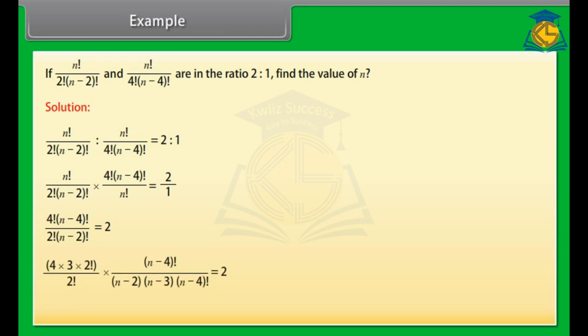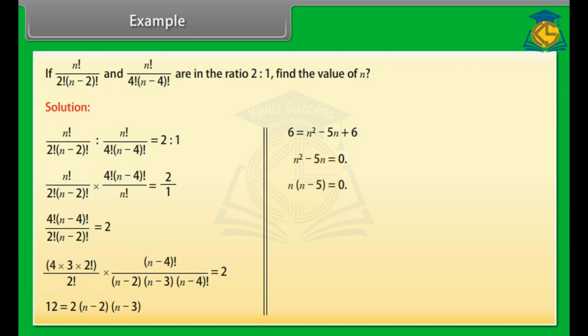4 into 3 into 2 factorial by 2 factorial, multiplied by n minus 4 factorial by n minus 2 into n minus 3 into n minus 4 factorial, is equal to 2. 12 is equal to 2 into n minus 2 into n minus 3. 6 is equal to n square minus 5n plus 6. n square minus 5n is equal to 0. n into n minus 5 is equal to 0. n is equal to 0 or 5.